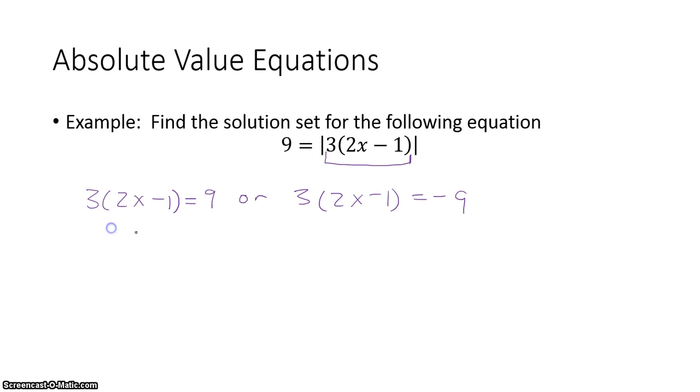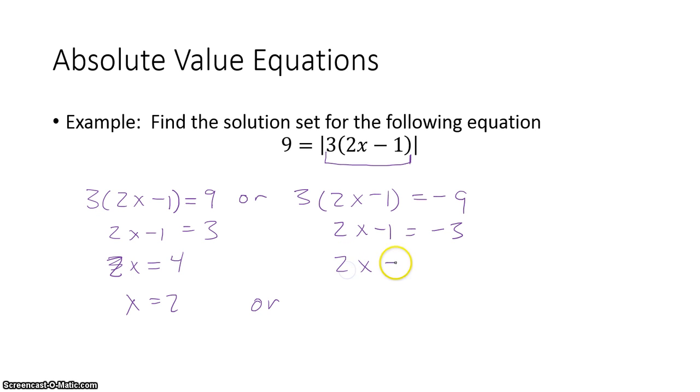So solving the one on the left, I get 2x minus 1 equals 3. 2x equals 4, that's a 2. x equals 2, or solve the second one. 2x minus 1 equals minus 3. 2x equals minus 2, x equals minus 1.